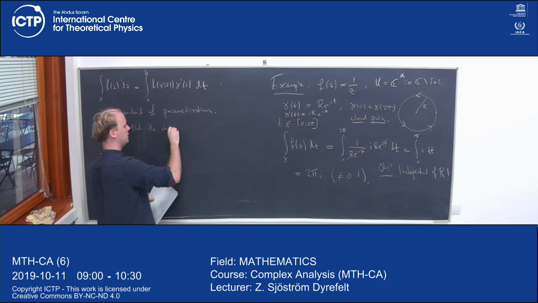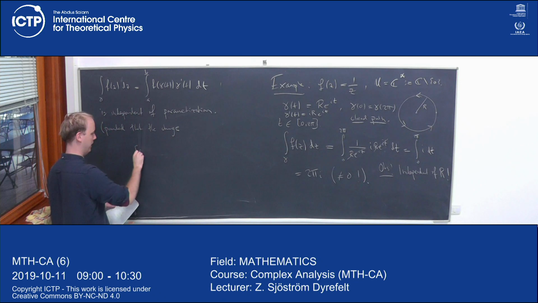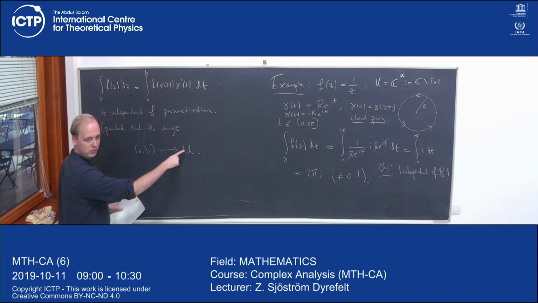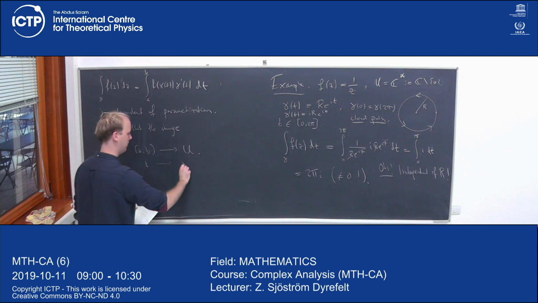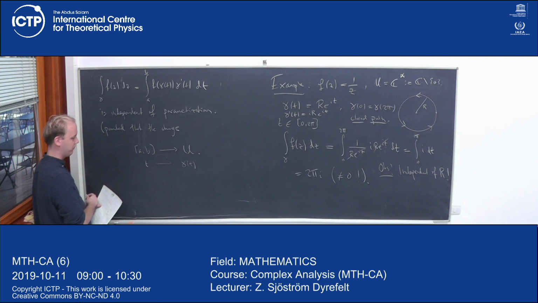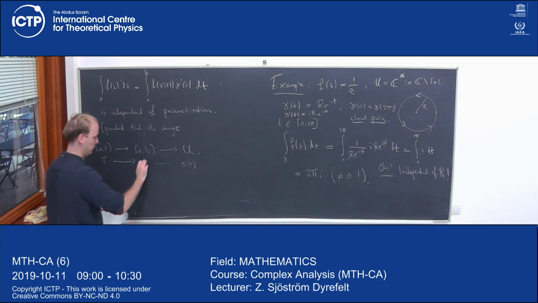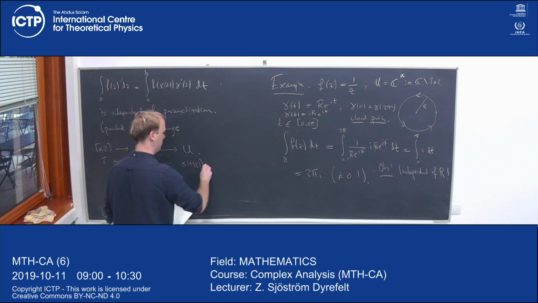So independent of parametrization, provided that we change it correctly. Change of parametrization means that instead of going from a, b into this U, where I have my gamma, sending t to gamma t, I take a reparametrization: I take some other interval alpha beta and some other parameter tau, and I send tau to t of tau, and so this becomes gamma of t of tau.